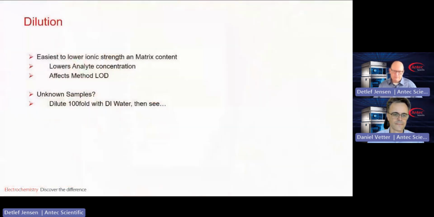The first thing that comes to mind is dilution. Dilution to address the high ionic strength situation we talked about at the beginning, where we have high concentrations of salts. Now, why is that of interest? It's of interest because salts, say sulfate or chloride, which you can't see in the amperometric detector, will have an impact on the retention time.